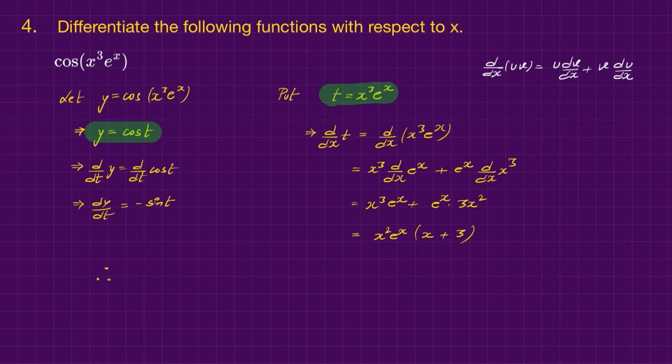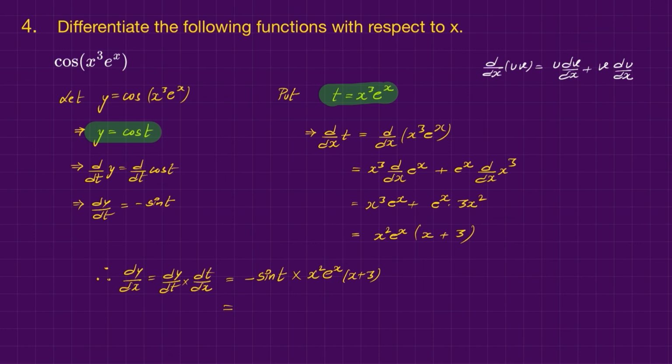Therefore, dy over dx can be written as dy over dt times dt over dx. So it will be equal to minus sine t into x squared e to the power x times x plus 3.